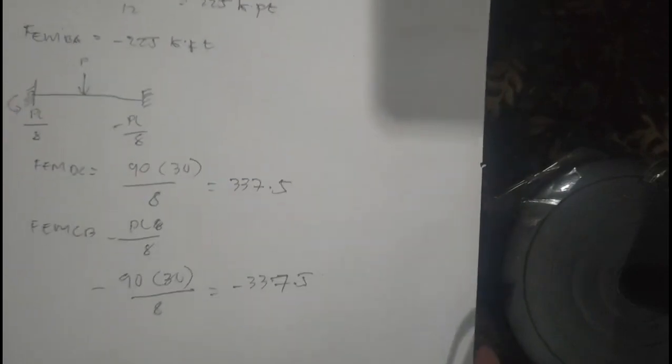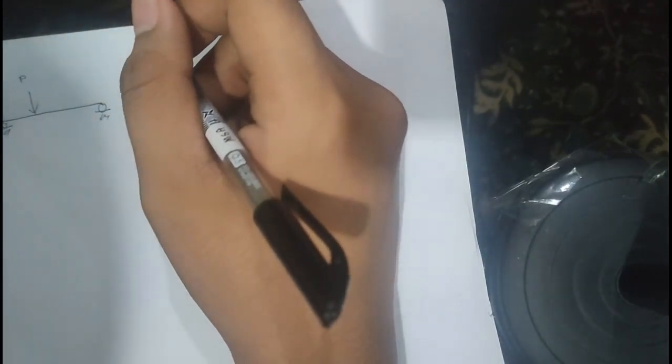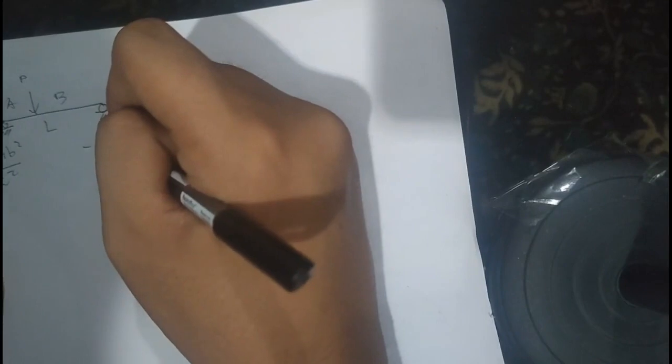Next is joint CD. With a, b, and L, the formulas are P a b squared over L squared, and the other one is negative P a squared b over L squared.